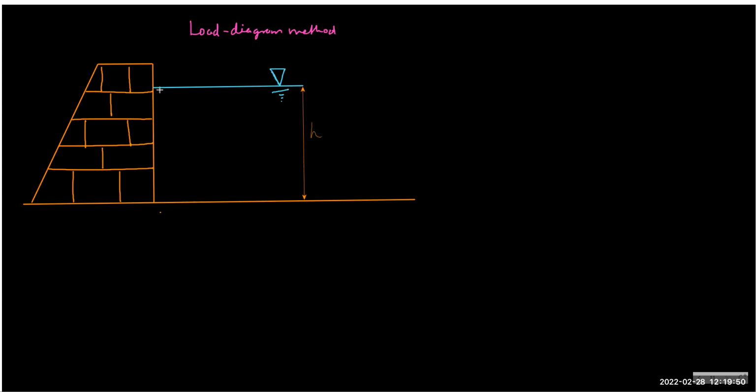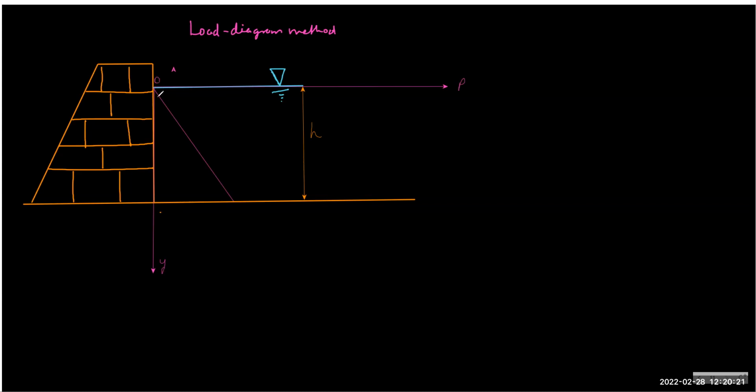So if you draw the pressure diagram, and I choose the pressure as the x-axis, this is the pressure axis, and this is the depth. So this is y, this is p, and this is the origin.